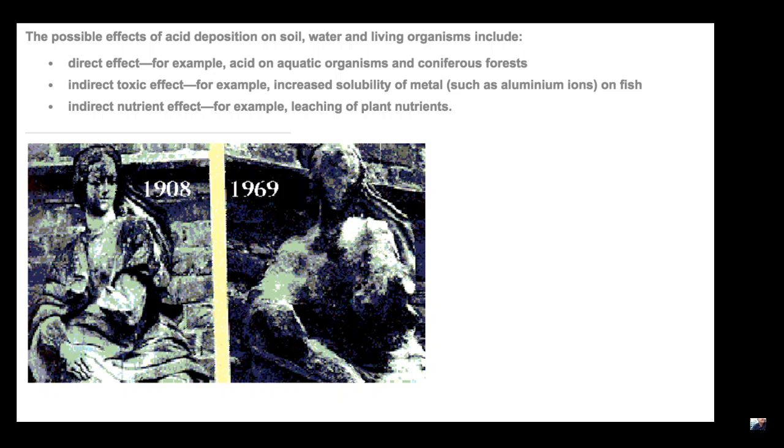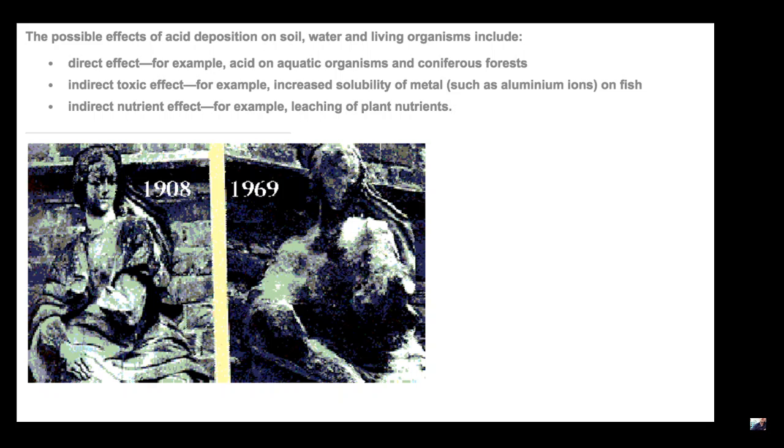The direct effect is, for example, on aquatic organisms and coniferous forests. The direct effect is really what they cause to those specific things when they touch them, and we'll talk about that in a moment. Then we can talk about the indirect toxic effect, for example, increased solubility of metals such as aluminum ions on fish, right?